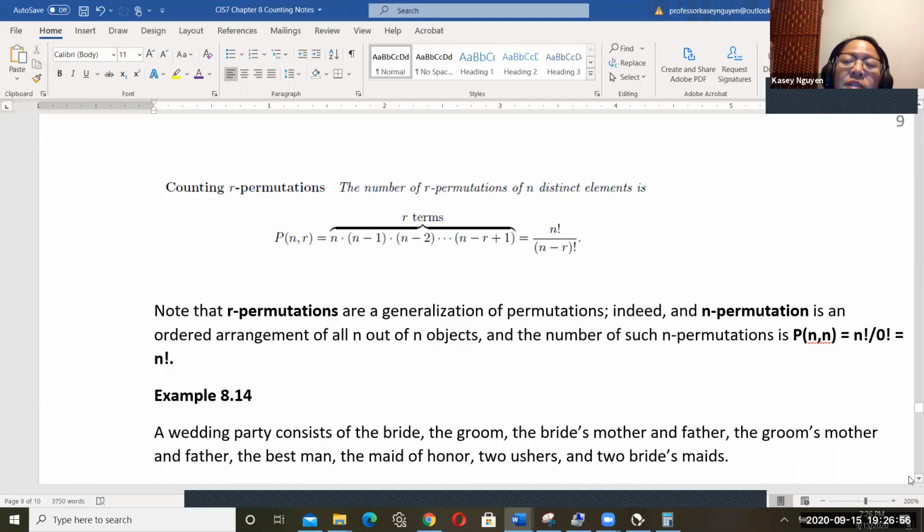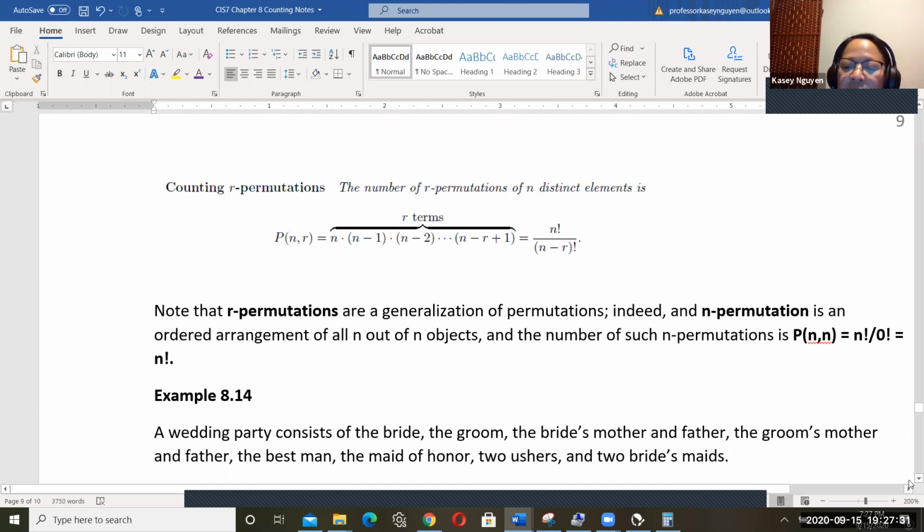So in counting permutations, the way that we write it is that here is our set, and here is the choice, R. So let's say you have to make 2 choices out of the 6 options, then your R is 2 and 6 is your N value. Okay. So that way you can apply it into the formula and calculate.